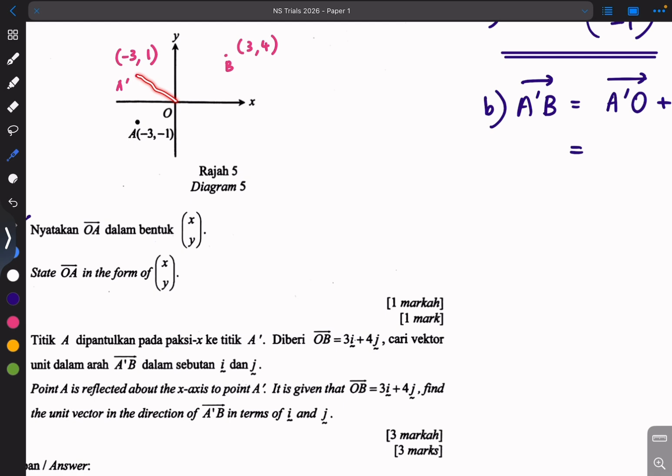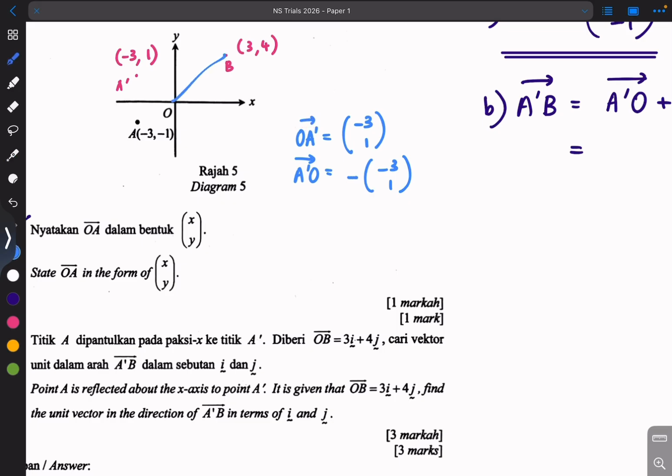From O to A, very easy to find because it's a position vector. So OA would be -3, -1. So A prime O would be the opposite. So you just put a negative in front. If you reverse this one, you just put negative.